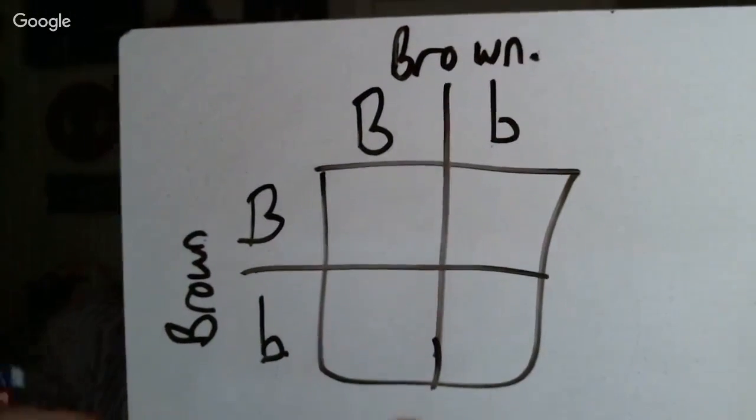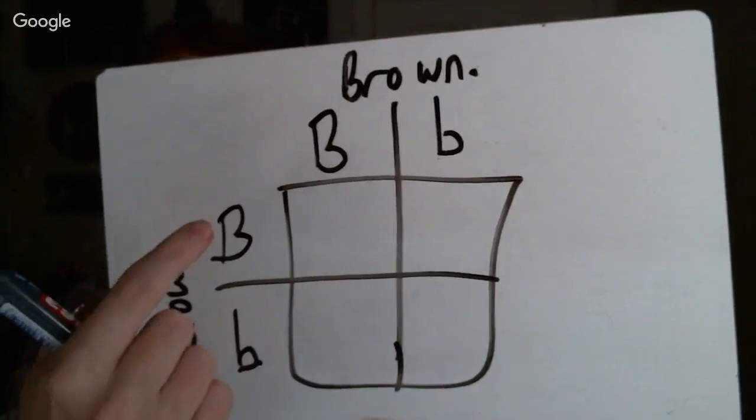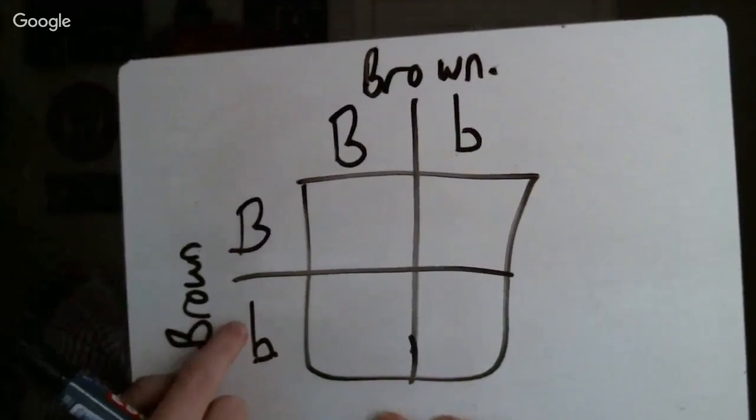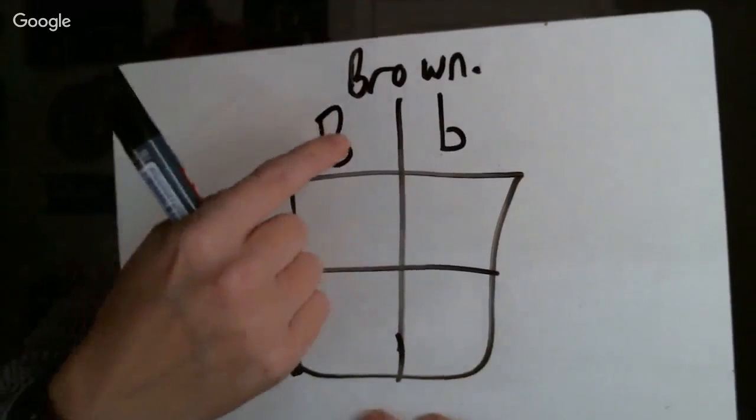Now, if we have a little look at an example, we're going to have a look at inheritance of hair colour in this case. So what I've just drawn for you there is your outline. We've got 2 brown-haired parents because brown is going to be our dominant trait. So they are going to be heterozygous, so 1 dominant allele, 1 recessive allele. So both parents have brown hair because there's 1 dominant allele for each.